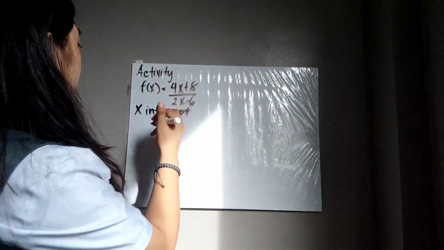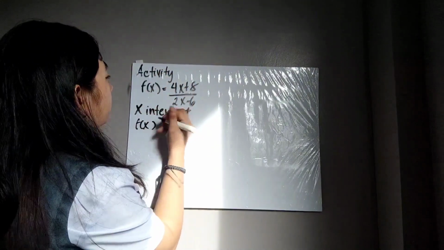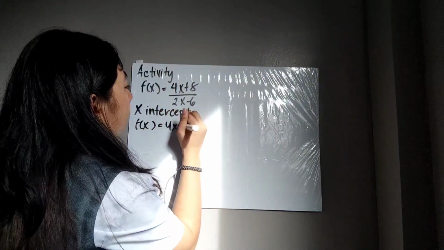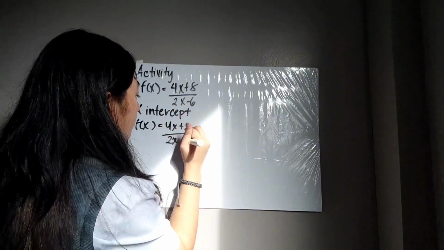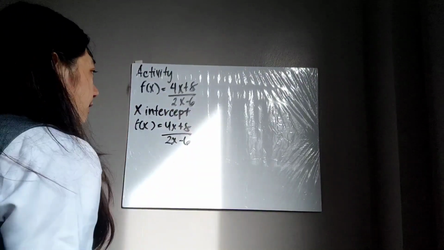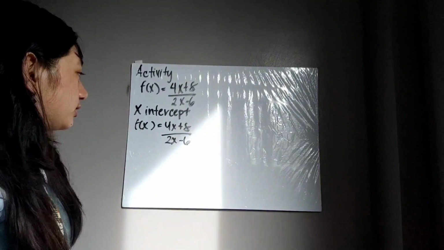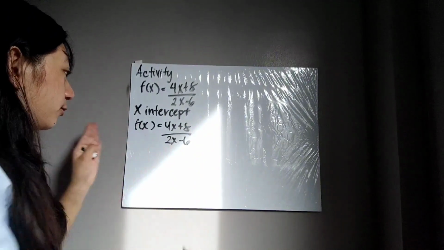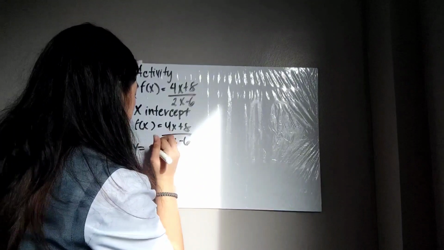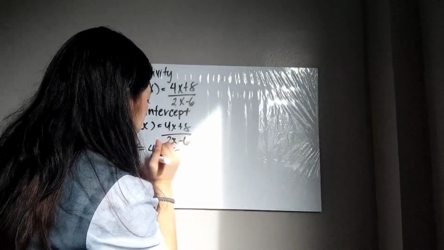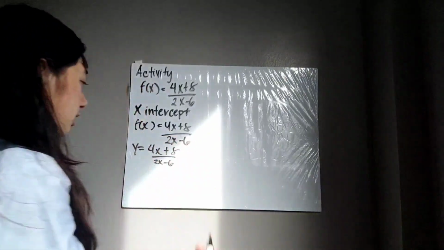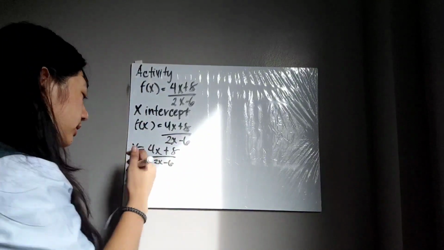Solve natin. Copy ulit natin x. Sige, x plus 8 over 2x plus 6. And x-intercept is with fx giving y. Copy ulit the equation. And y is 0.